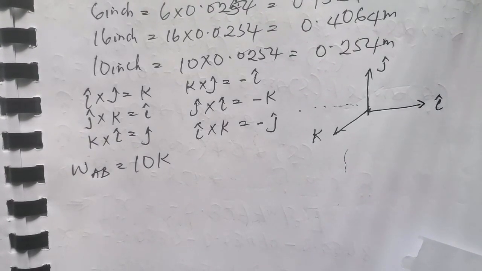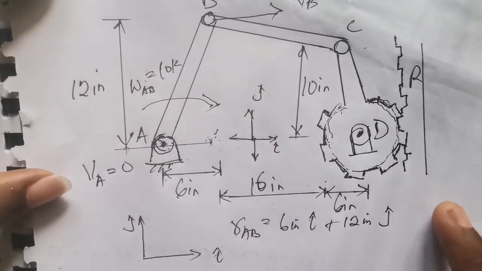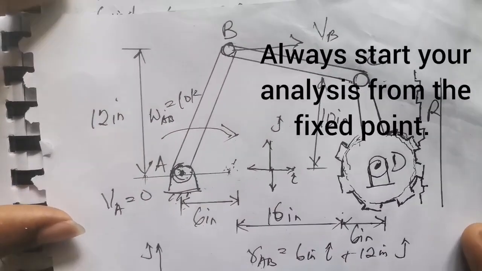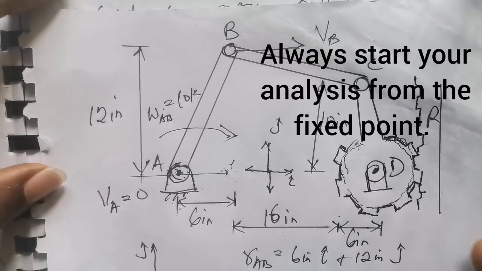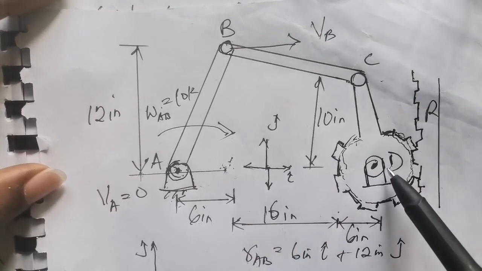Alright, so in the videos I did earlier on this particular topic, I explained that whenever you're solving any question involving kinetics of rigid body, you always do well to start analyzing from the fixed point. So we have two fixed points here, point A and point D is fixed.